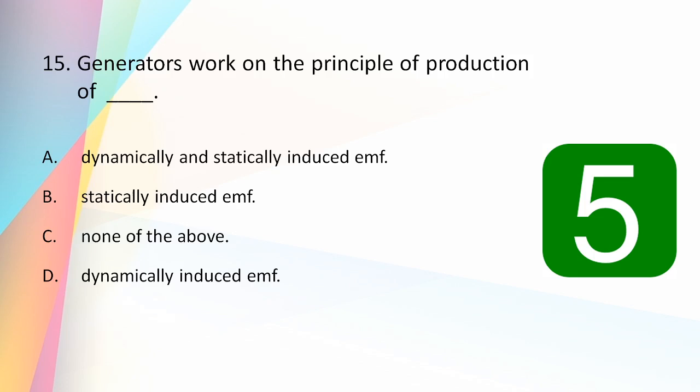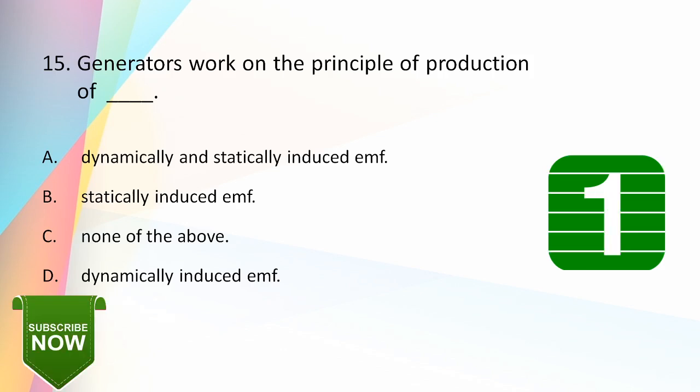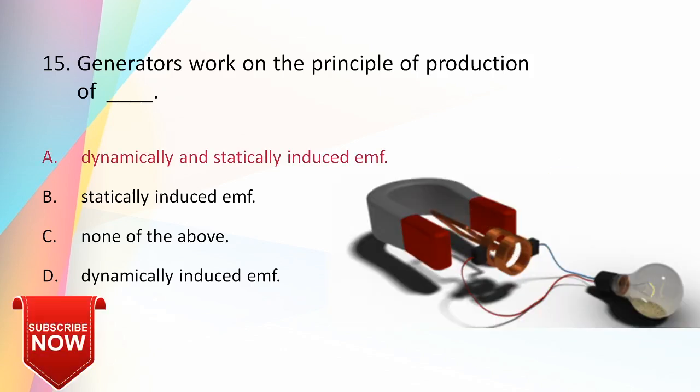Generators work on the principle of production of dash: dynamically and statically induced EMF, statically induced EMF, none of the above, dynamically induced EMF. And the answer is actually, the one shown here is wrong.